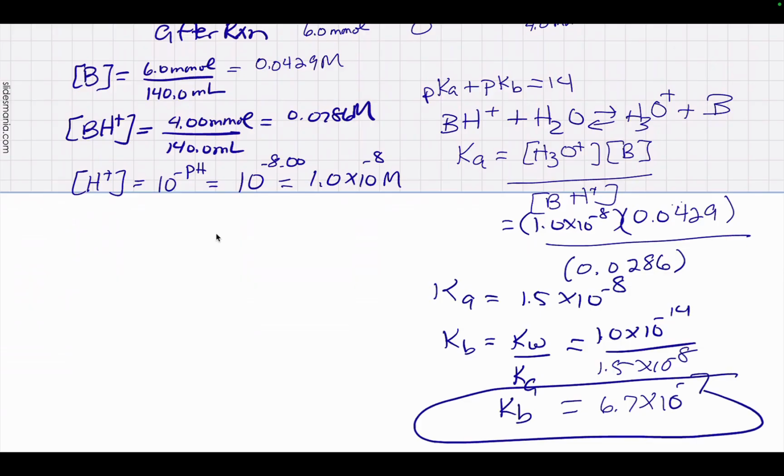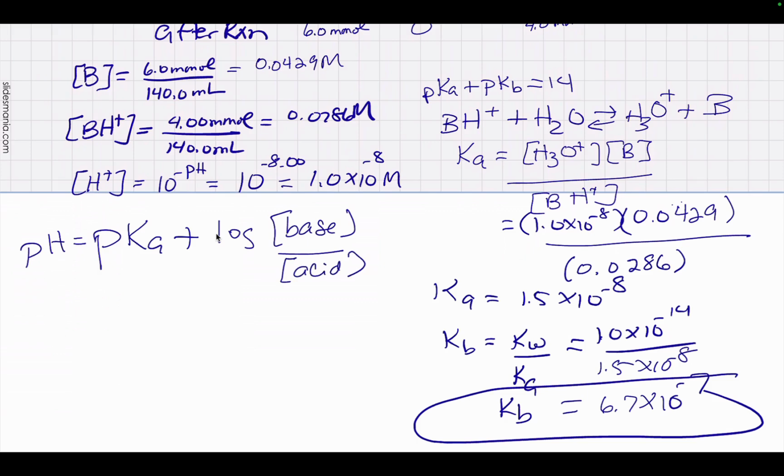The other option would have been to use Henderson-Hasselbalch. I'll just show it to you. If you're not interested, you can definitely quit watching. We know the pH was 8, so I could solve for pKa, which is going to equal pH minus the log of the base over the acid.